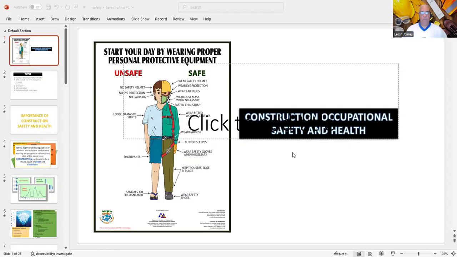If you look at this first slide, you can see there's no safety helmet, no eye protection, no earplugs. When you're out there working, you don't want to wear loose-fitting clothes that could get caught up in something. You could trip. No short pants on a construction site.